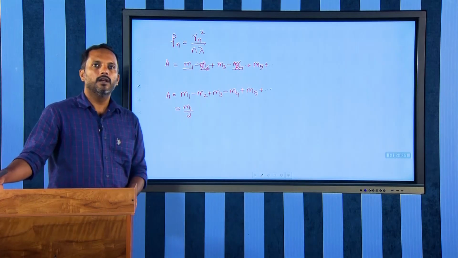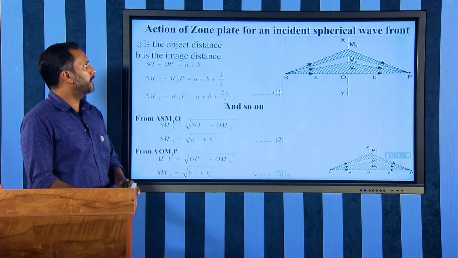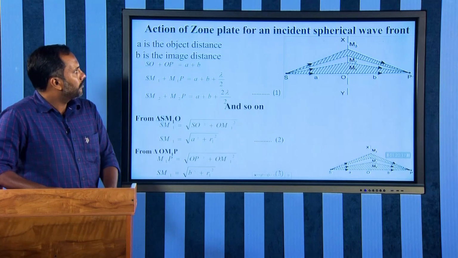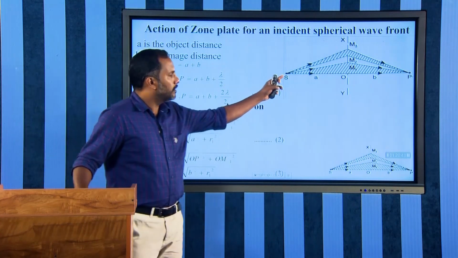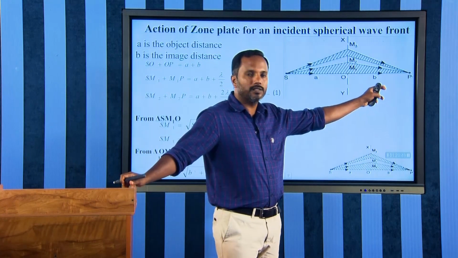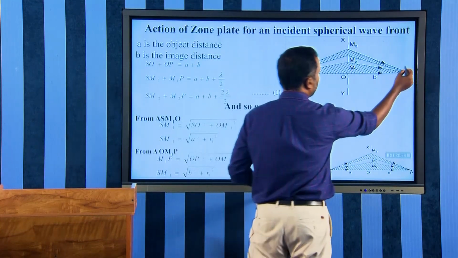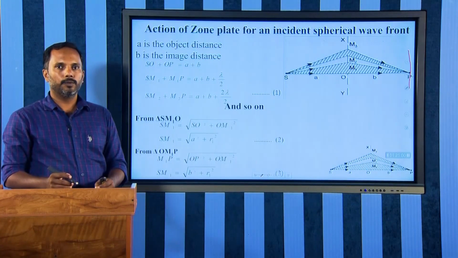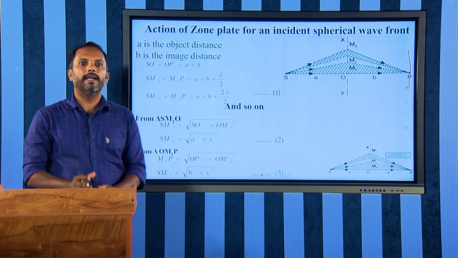Well, now let us consider the action of a zone plate for an incident spherical wavefront. Here consider S is the source of light and P is the position on the screen, where we are getting a bright image.